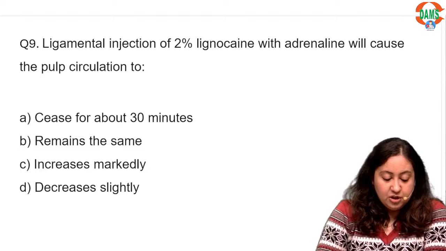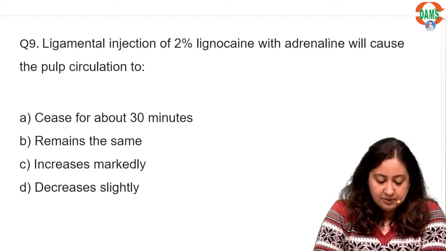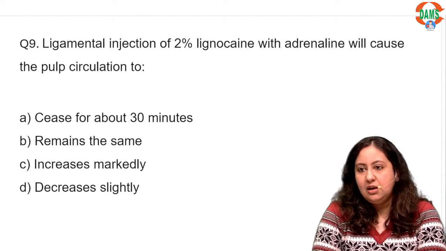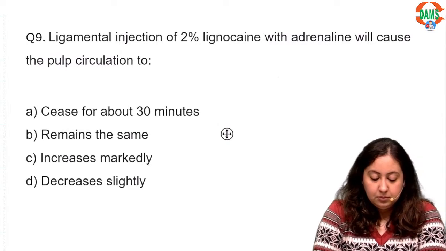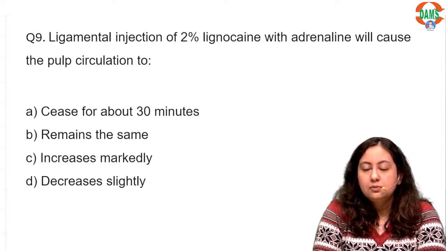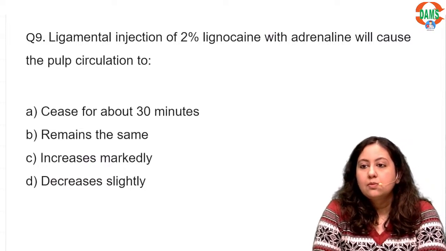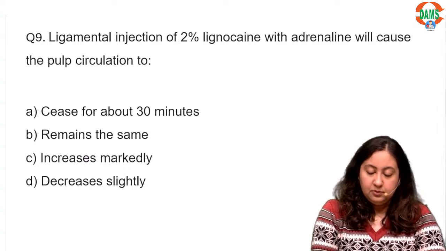Now, question 9. Ligamental injection of 2% lignocaine with adrenaline will cause the pulp circulation to A. Cease for about 30 minutes, B. Remain the same, C. Increases markedly, and D. Decreases slightly. So, I need your answers, all of you. So, what will be the answer to this?